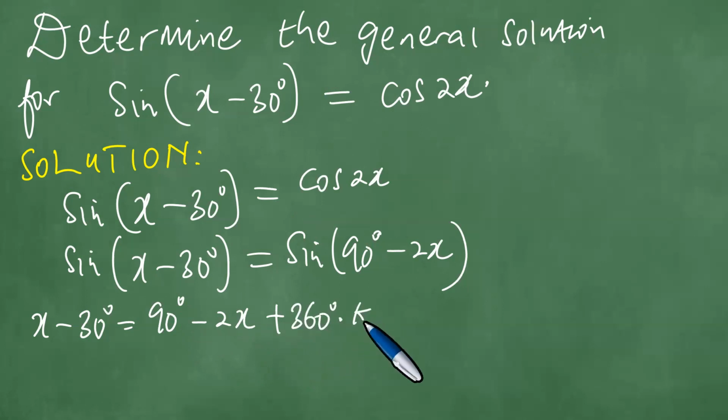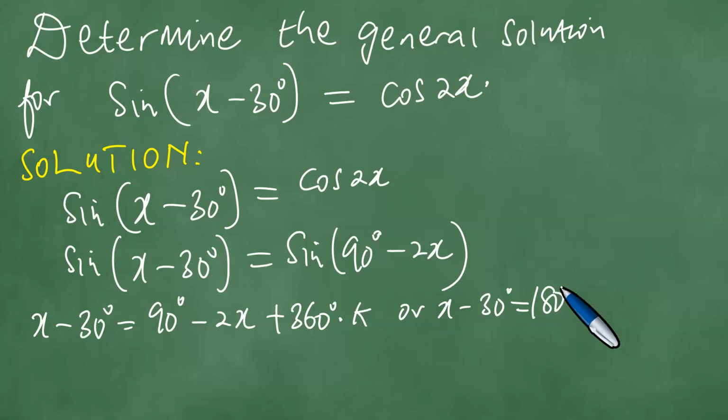plus 360 degrees times k, or x minus 30 degrees. Now, obviously, these two are equal to each other when we're in the first quadrant where everything is positive, but the sine is also positive in the second quadrant.